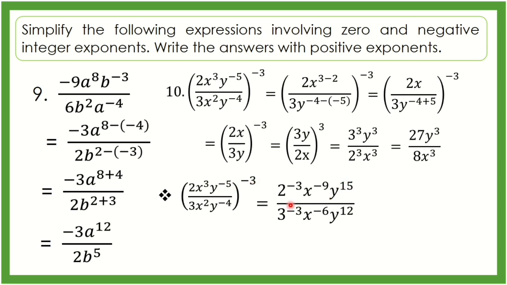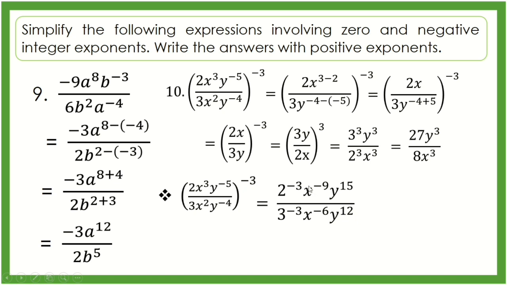All over 3. So ang exponent is 1 times negative 3, we have negative 3. X squared, 2 times negative 3, that is negative 6. y raised to negative 4 raised to negative 3. So, multiply natin negative 4 times negative 3, that is positive 12.